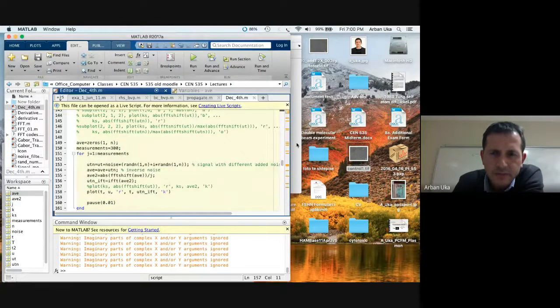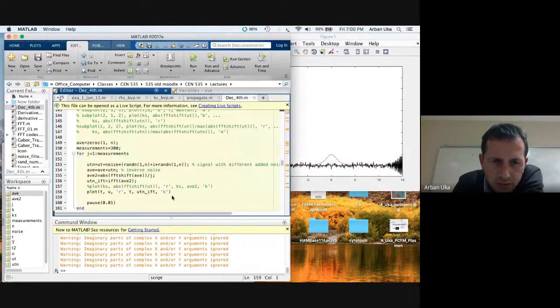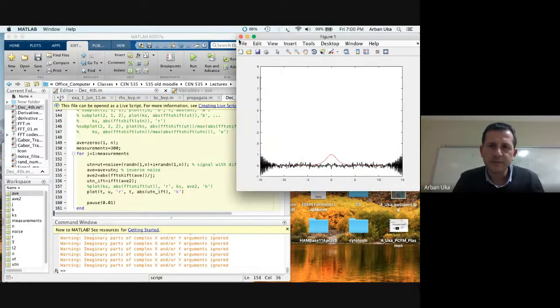The original signal is clear, and okay, absolute value. Let's say the absolute value here, and let's try this again.